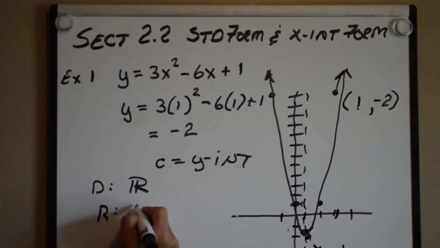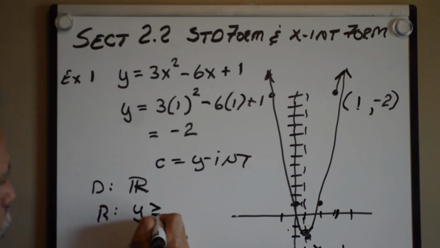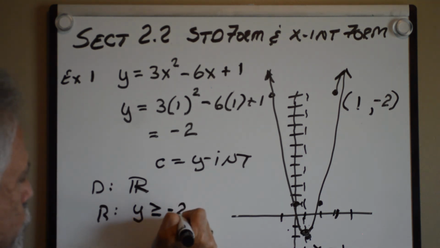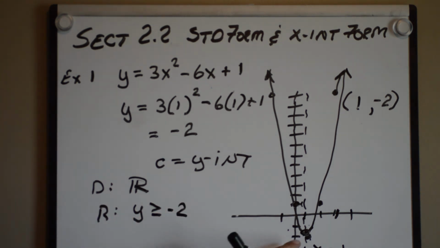So my range is all the values of y that are greater than or equal to negative 2. And this point right here is a minimum point, because that's the lowest that it will get.